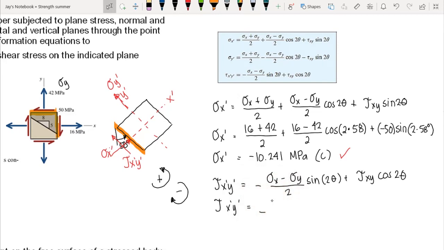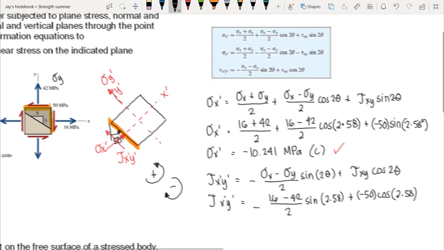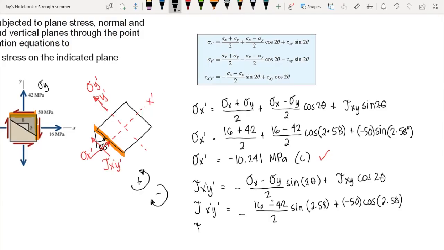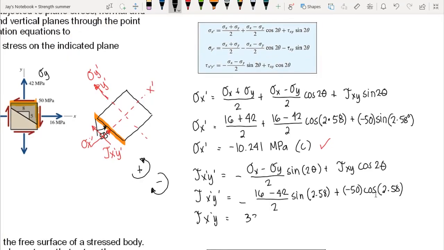So our sigma x here, which is 16, as we all know, minus sigma y is 42 over 2, correct? Then sine of 2 times 58 plus, now take note again, we have negative shear stress, so negative 50 cosine of 2 times 58. So we have our shear stress here, which is equal to 33.603 megapascal. Now this is positive.